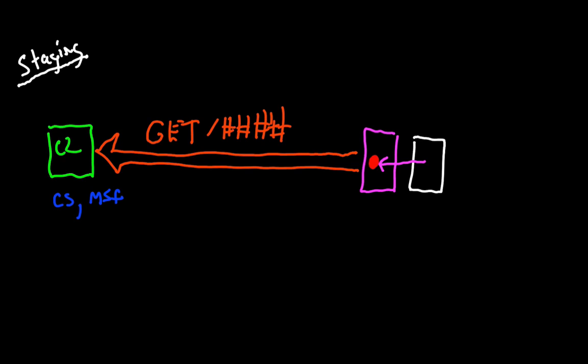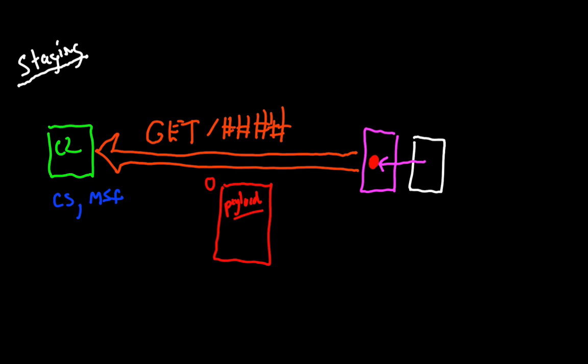but anything that makes a request that matches this checksum is given as a response a position-independent blob that runs your payload and sets it up in the stager's process space.